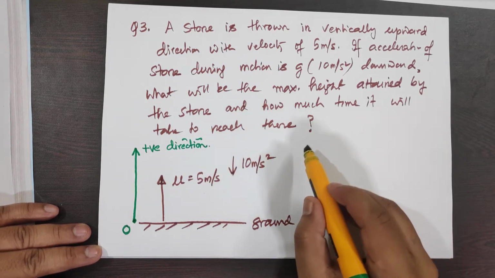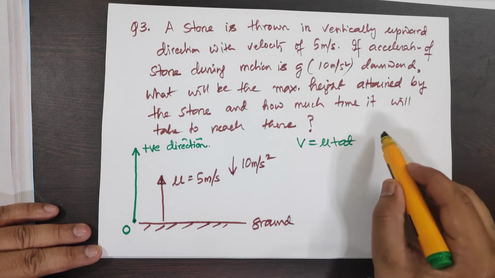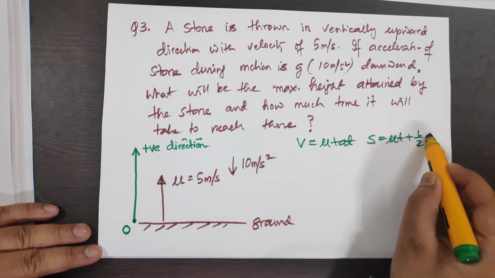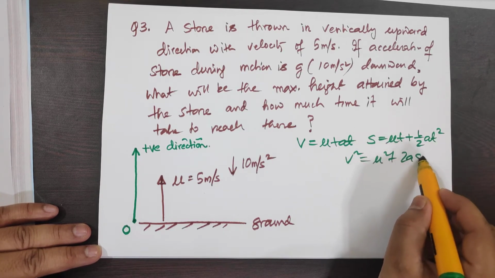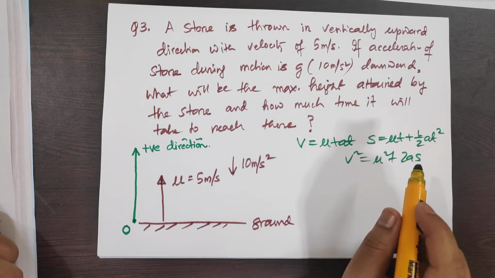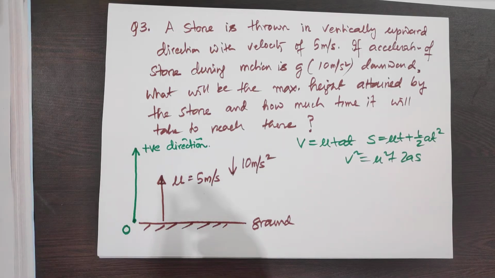So we have all these formulas: v equal to u plus at, then s equal to ut plus half at square, and v square equal to u square plus 2as, and we have to choose which one we will use for which situation. Now let's put down the values here.